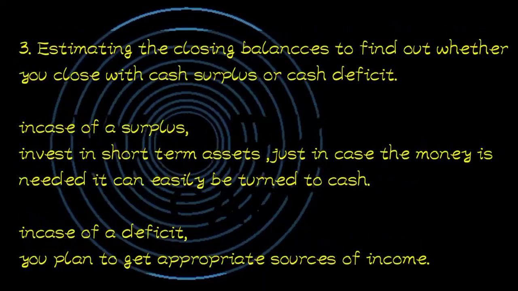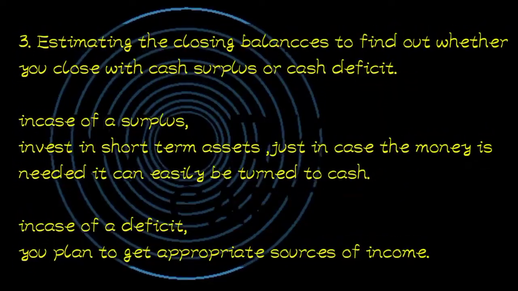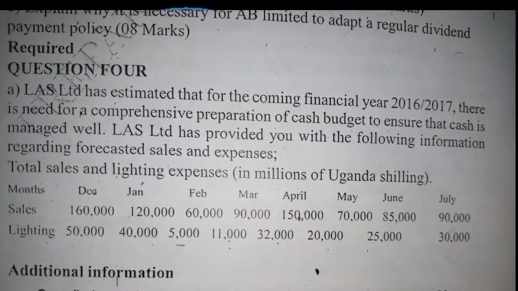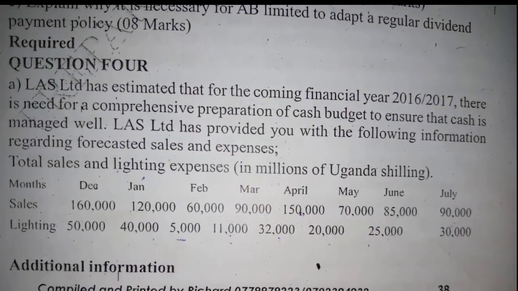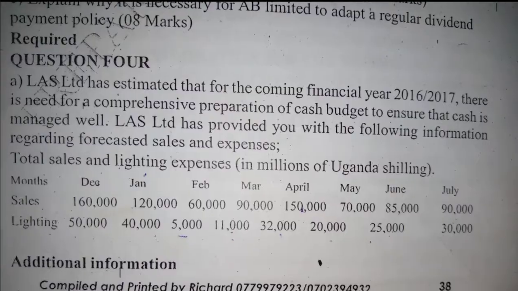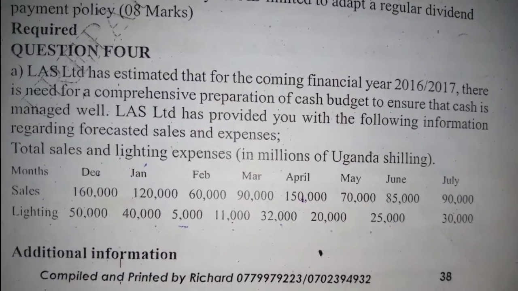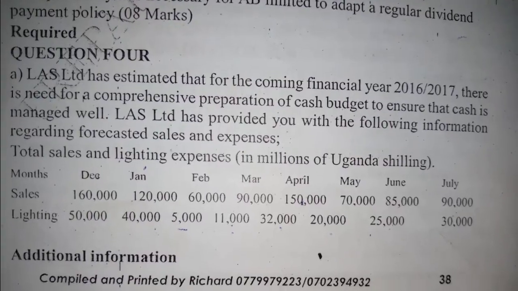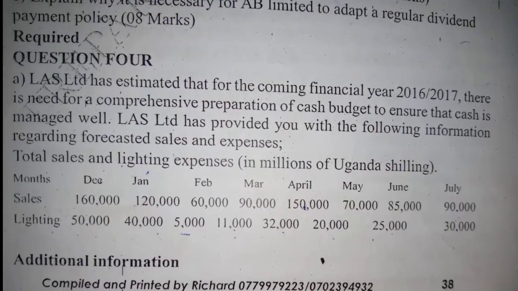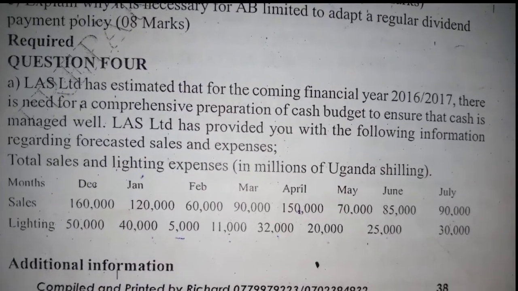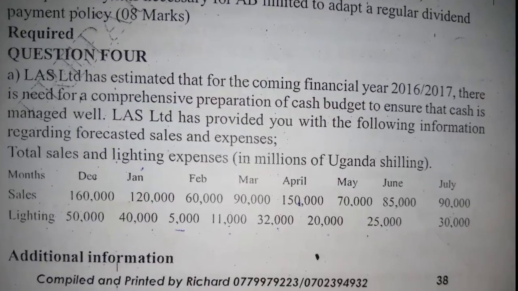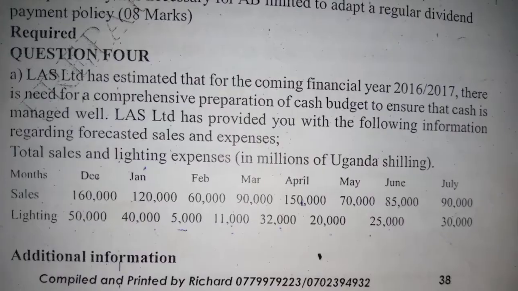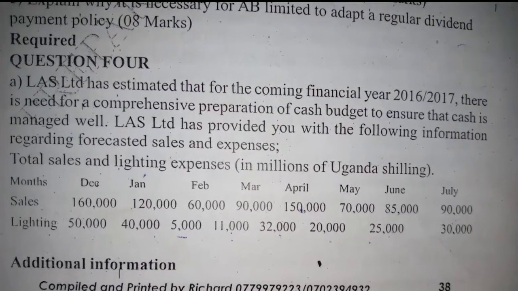Now we are going to have an example about cash budget. The example goes like, Lush Limited has estimated that for the coming financial year 2016-2017, there is need for a comprehensive preparation of a cash budget to ensure that cash is managed well. Lush Limited has provided you with the following information regarding forecasted sales and expenses.